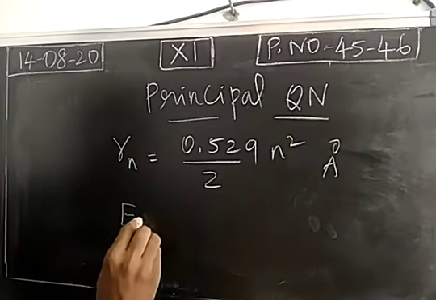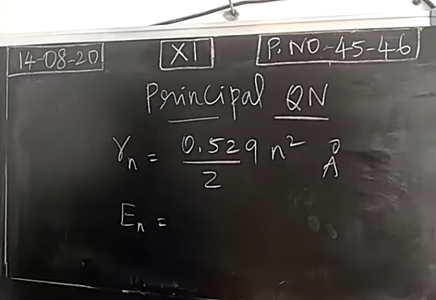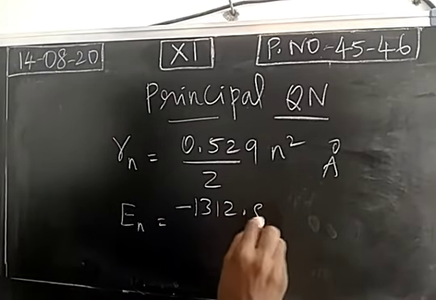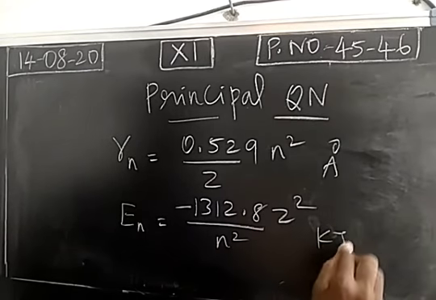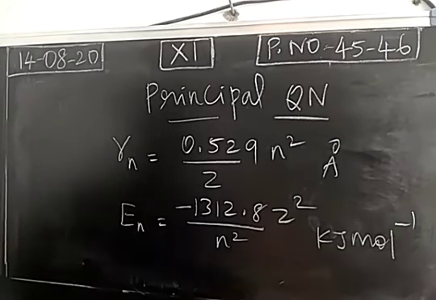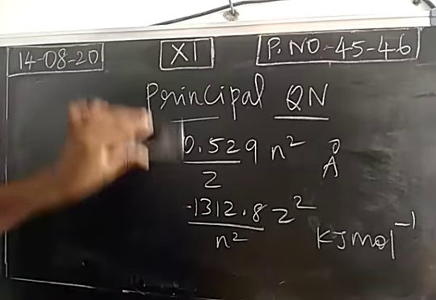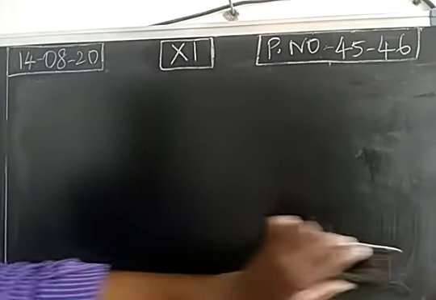Then the energy of the electron in the nth orbit, in terms of kilojoule per mole, is minus 1312.8 z square divided by n square kilojoule per mole. So these two values we already studied in Bohr's atomic model, right? So principal quantum number is just representing the orbit. Electron is present in which orbit.